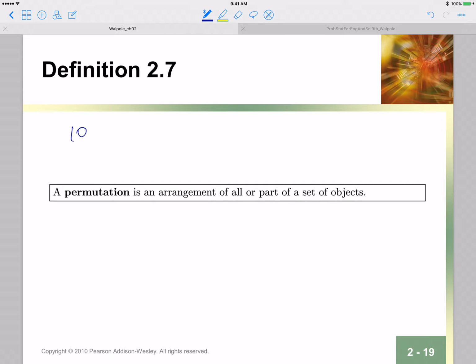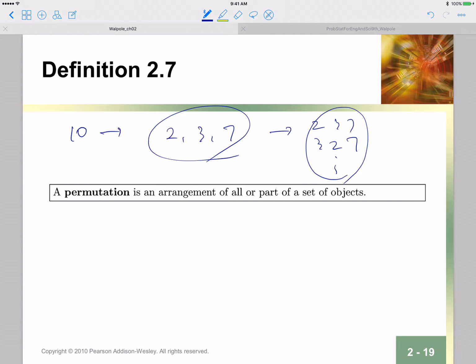Okay, suppose you pick up like 3 balls, and you differentiate different orders, even though you obtain the 3 exact same samples. Okay, so out of 10 you sample the 2, 3, 7, but it can have different orders, 2, 3, 7, 3, 2, 7, and so on, right? So if we differentiate these different orders, then we call that a permutation.